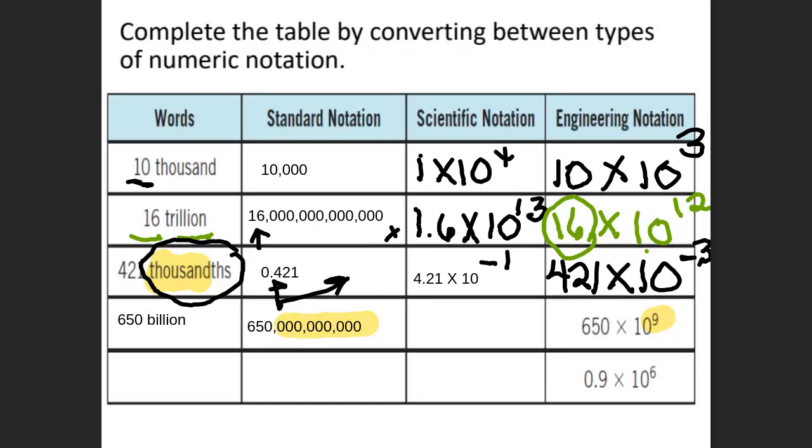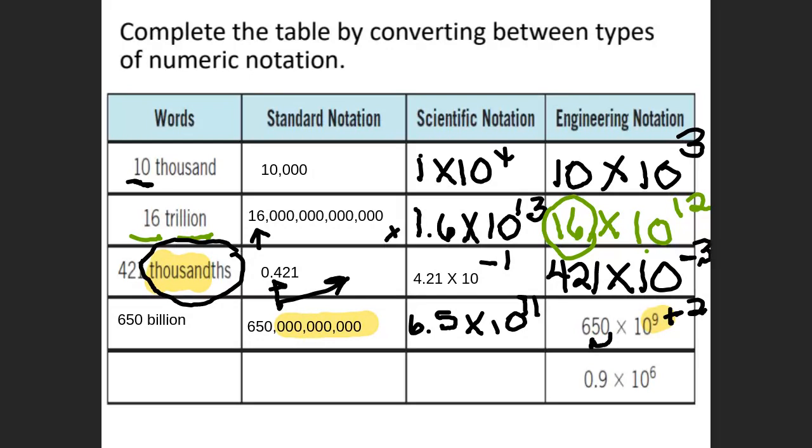Now, scientific notation is 6.5 times 10. And this will be to the 11th power. Now, if I move it 2 places this way, I'm adding 2 to the 9.